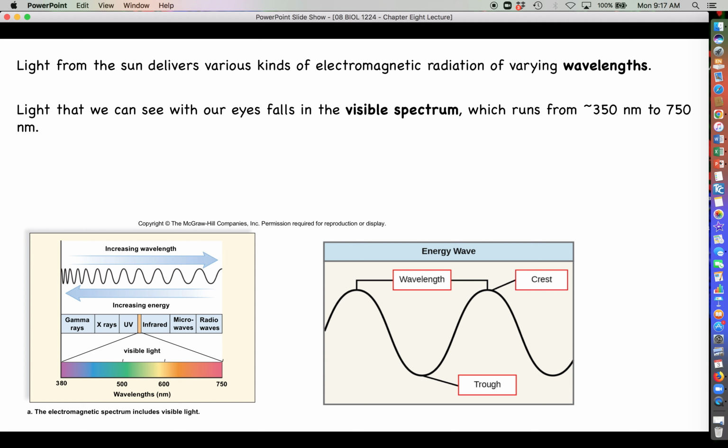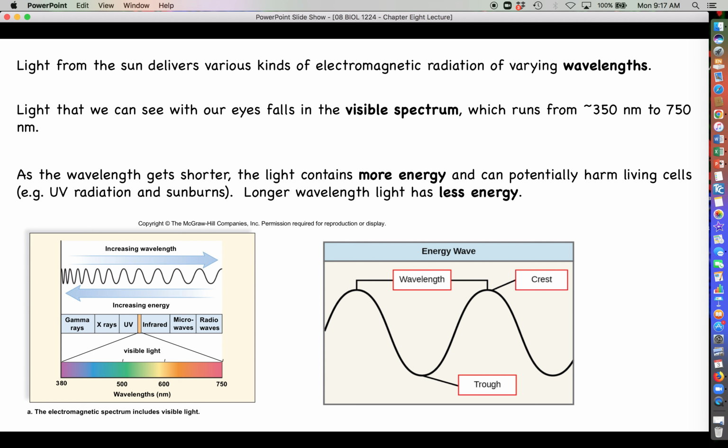It runs from about 350 nanometers to about 750 nanometers. You'll hopefully recall that nano, the SI prefix for the metric system, means 10 to the minus ninth. So we're really talking about light that has very, very short wavelengths in the grand scheme of things, but we'll talk more about that in just a little bit.